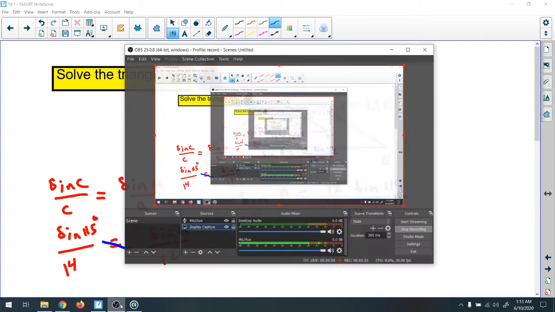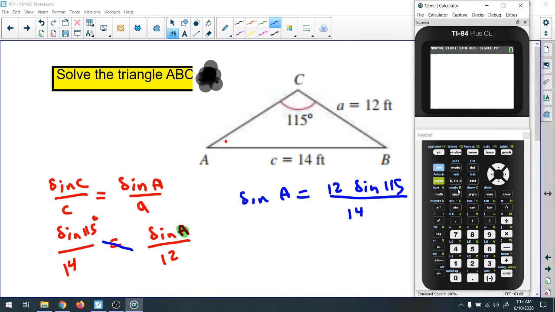Let's calculate that. 12 times sine of 115 divided by 14 equals 0.7768.